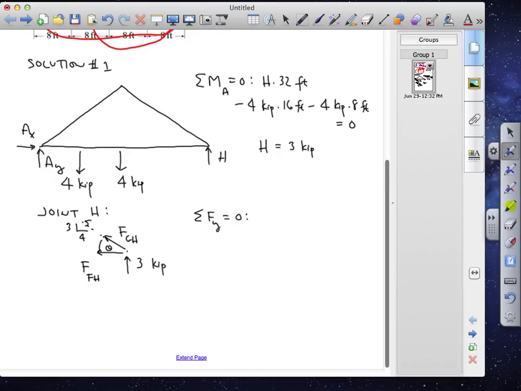Vertical equilibrium then tells us that F_GH sine theta plus 3-kip is 0. And therefore F_GH is minus 5-kip, or 5-kip in compression.